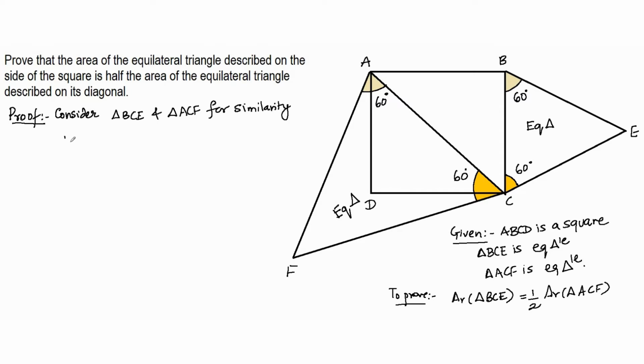I know that angle CBE is equal to angle CAF, which is equal to 60 degrees, and similarly angle BCE is equal to angle ACF, which is also equal to 60 degrees, because the triangles are equilateral.